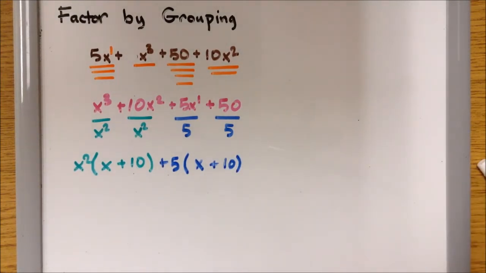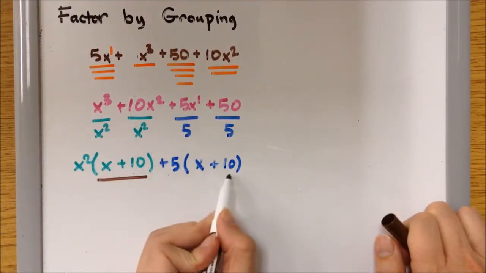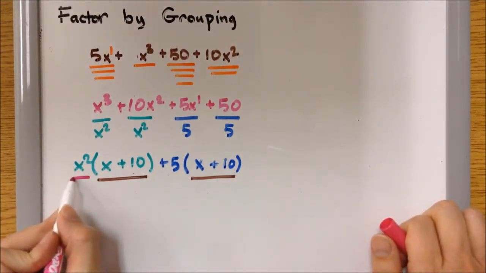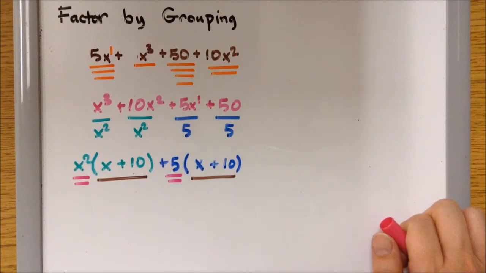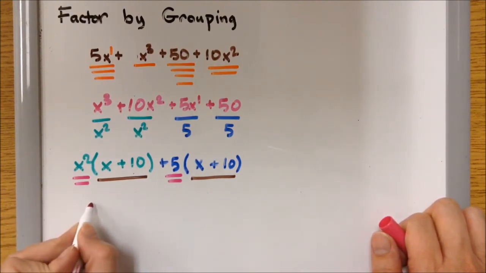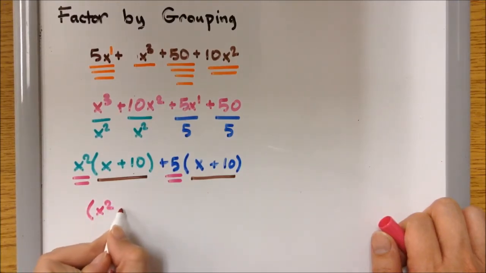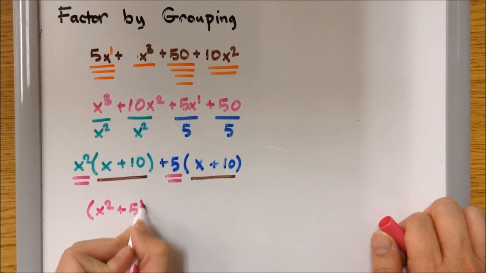Now, as I take a closer look, I notice that the ones in parentheses are exactly the same. So if they are exactly the same, then the ones outside the parentheses, I can group as one factor. So when I group it, it's going to be parentheses, x squared, and then plus 5, close parentheses.